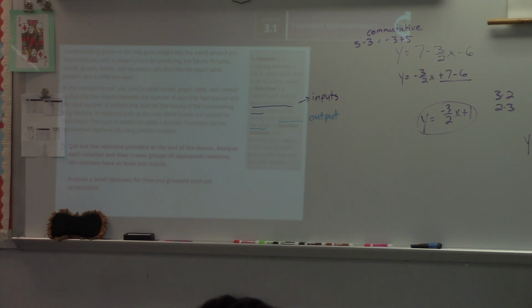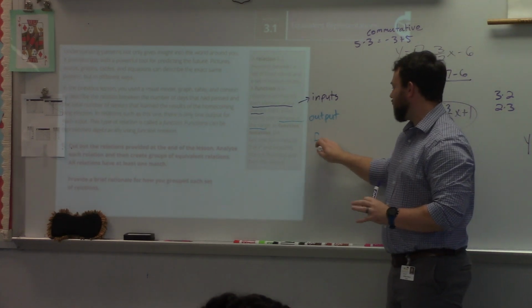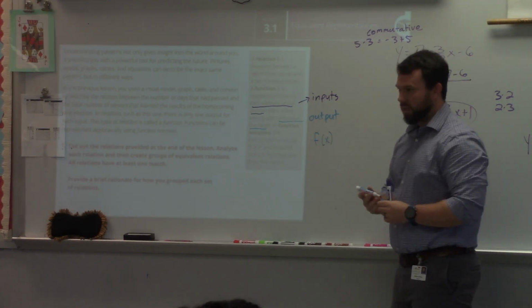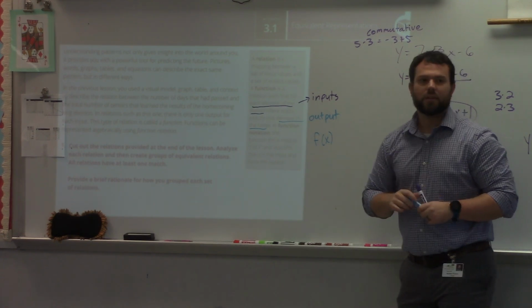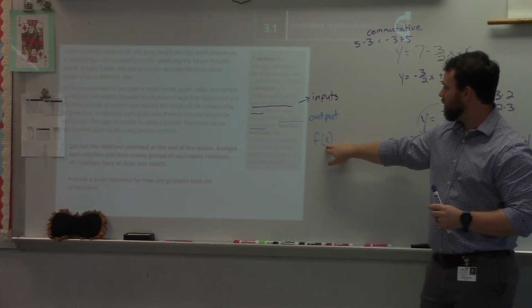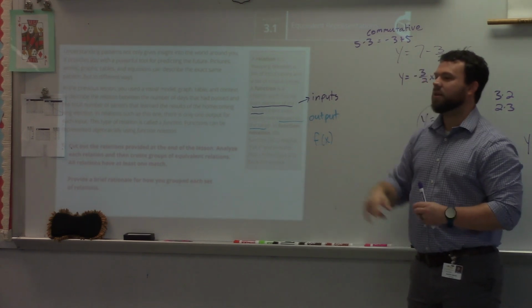Okay? So, function notation, just please, please, please, and I don't think anyone's done this or will, please don't ever call this f times x. How do we read this? F of x, meaning x is my input, f of x is the output.